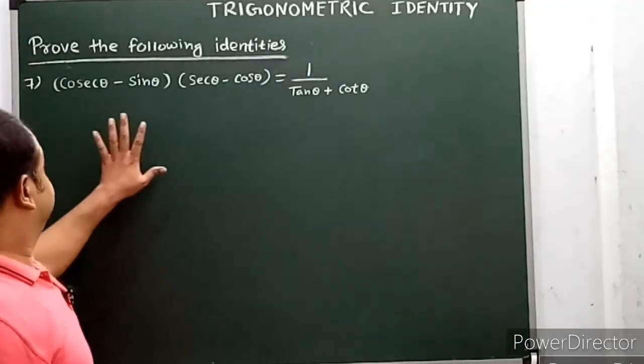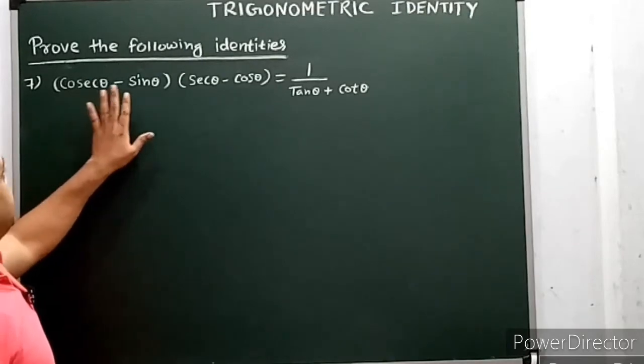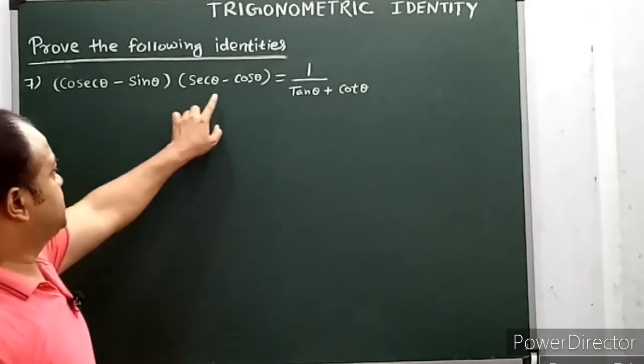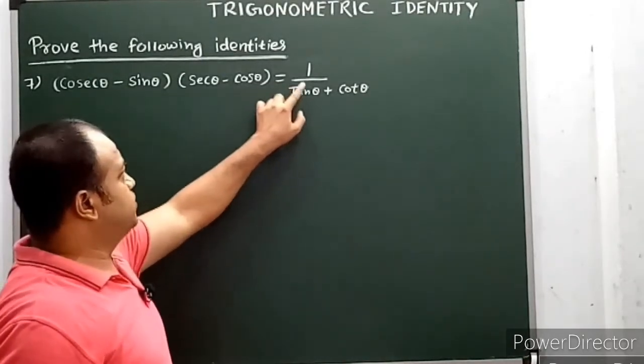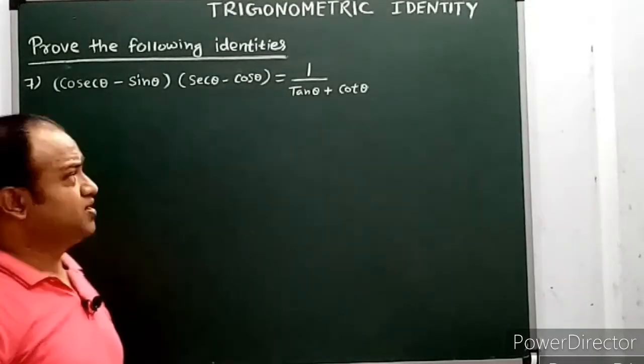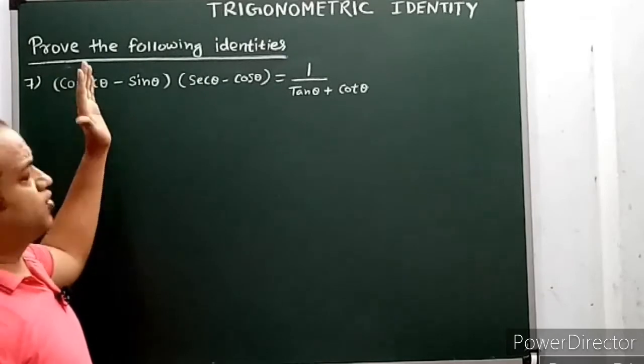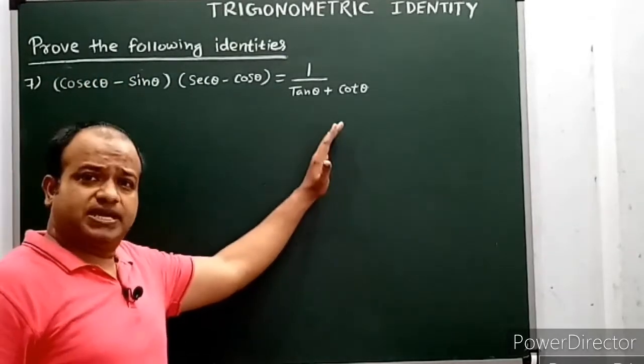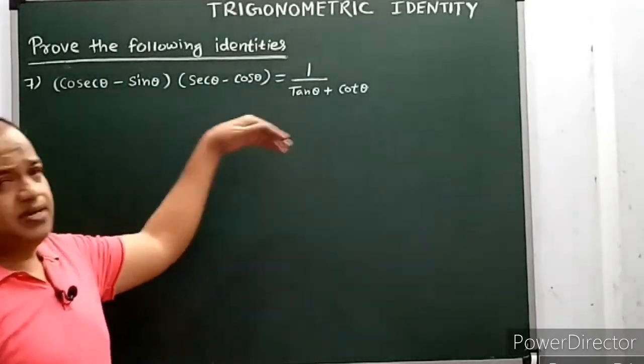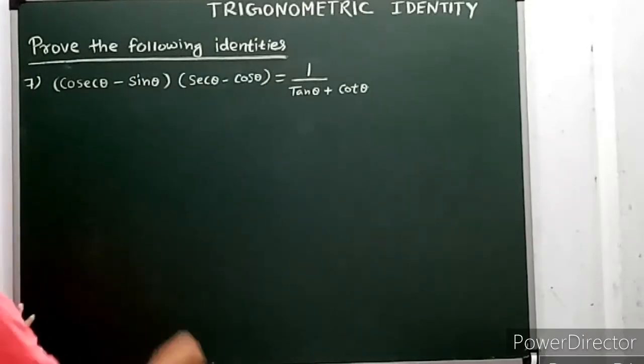Well, in this sum you have to prove cosec theta minus sin theta into sec theta minus cos theta equals 1 by tan theta plus cot theta. Well, here we have to proceed from the left hand side as well as from the right hand side. See, first I am proceeding from the left hand side.